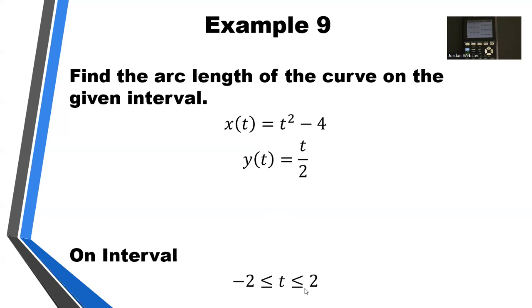So I will do that with my calculator. Now, if you don't know how to set up arc length, then you can watch that video. I'm not going to set it up and go through that again because this video is only on the calculator use.